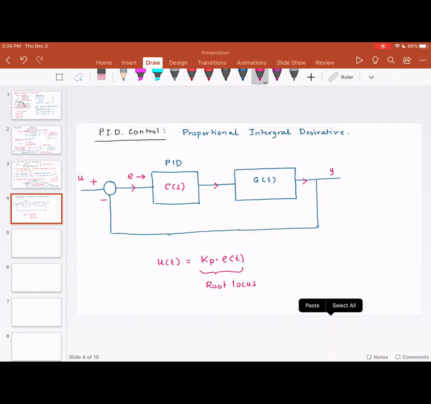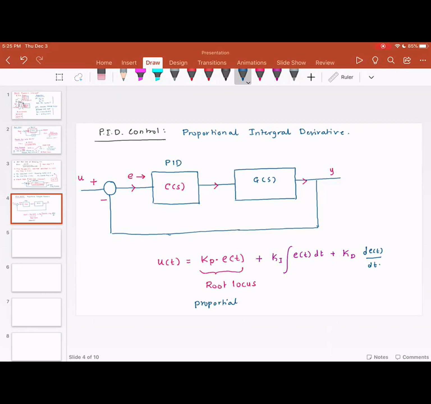But in addition to that, I'm going to add another gain, which is Ki, that is dependent on the integral of the error. And I'm going to add one more term, which depends upon the derivative of the error, de by dt.